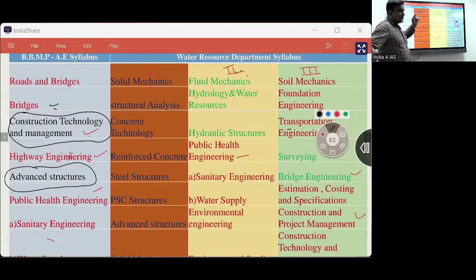Next, PSC, pre-stressed concrete. Definitely two questions from this subject because it's booming. PSC, ITPL. You know ITPL. All the way, ITPL is considered PSC. All the columns, beams, slabs, Brigade Orchid, they're only Brigade Orchid.